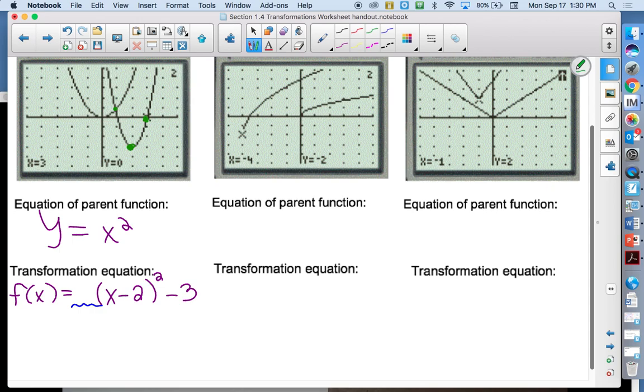So you took that 1 value and you multiplied it by 3. So the vertical stretch would be 3. So usually it's over 1, up 1, but now it's over 1, up 3. So we're multiplying by the value of 3. So the transformation equation would be 3 and then x minus 2 quantity squared minus 3. So right and down. Questions?